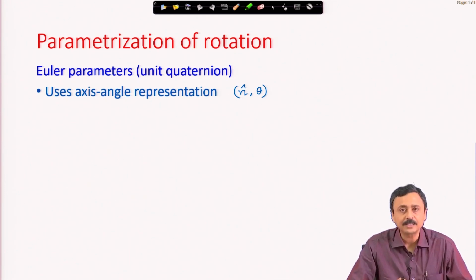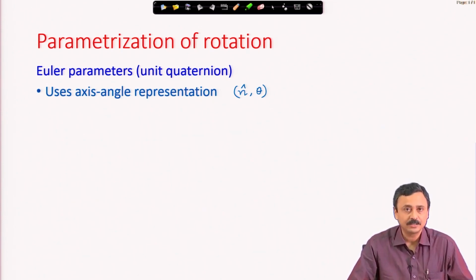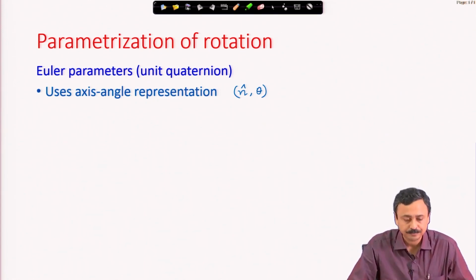Therefore, given this n cap and theta, these are actually 4 parameters. The nx, ny, nz components of the n vector, of course, satisfying the constraint n x square plus n y square plus n z square equal to 1, and theta. So, we have n x, n y, n z and theta, 4 parameters, but there is a constraint. So, ultimately we have 3 degrees of freedom as expected.